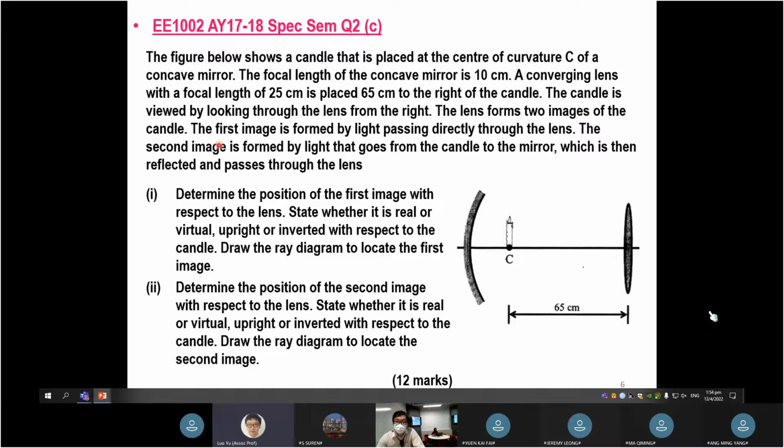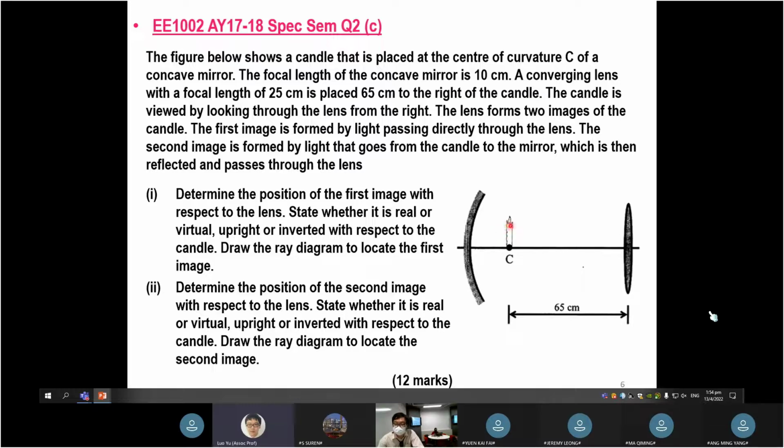The candle is viewed by looking through the lens from the right, so the student sees two images of the candle, not just one. The question also tells us that the first image is formed by light directly passing through the lens, while the second image is formed by light emitted to the left.